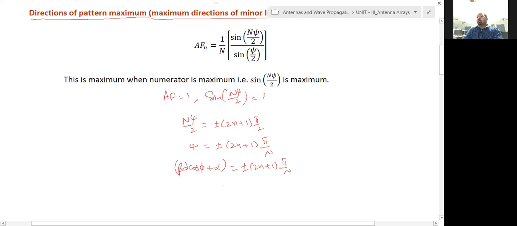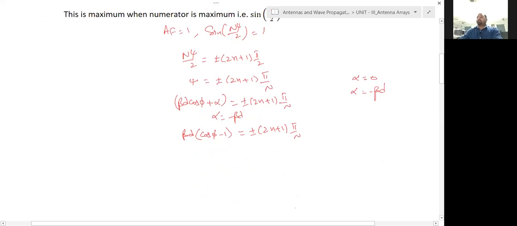And here is the difference: for broadside array alpha is 0, and for end-fire array alpha is equal to minus beta d. That is the only difference between broadside array and end-fire array. So, because alpha is equal to minus beta d, substituting and taking beta d common, we get beta d (cos phi minus 1) is equal to plus or minus 2n plus 1 pi by n.